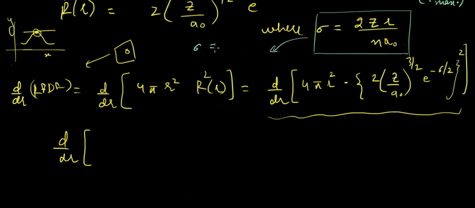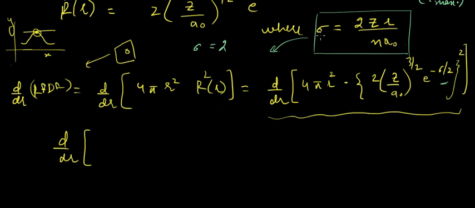The z value for the hydrogen atom is 1. We'll be putting the value of sigma here, because the only term of sigma in this equation is present in e's exponent.